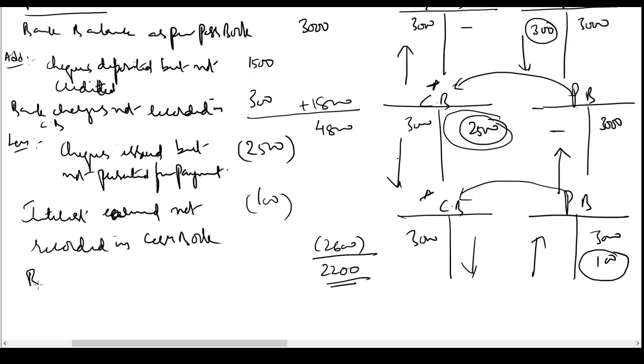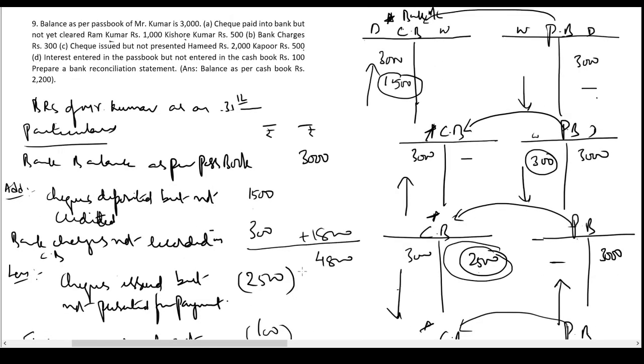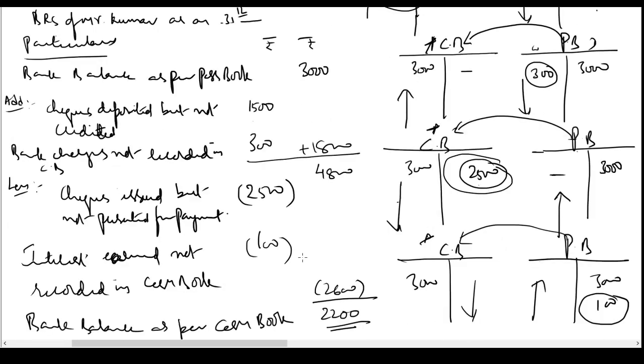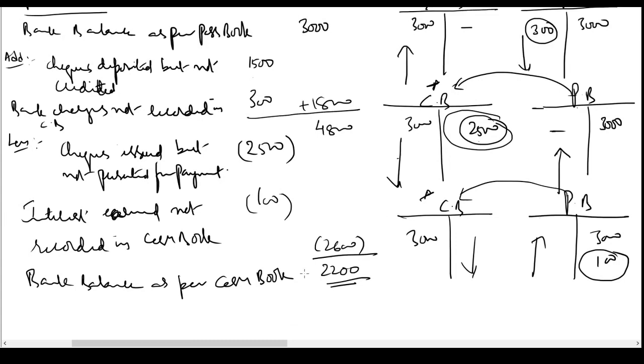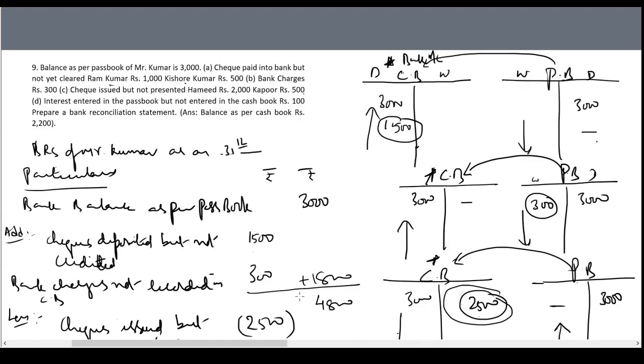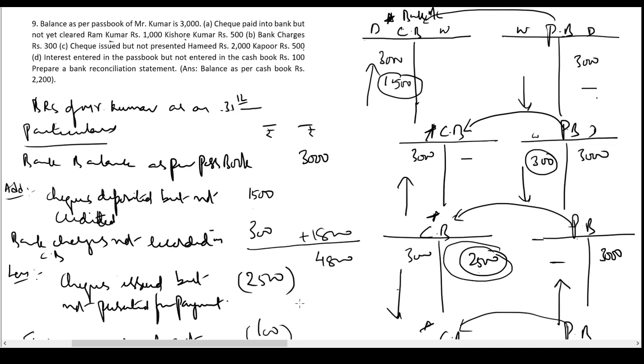So we have bank balance as per cash book, 2200. So the bank balance as per cash book is 2200. So we have been able to arrive at the cash book balance when we started with the passbook balance in this problem as well. I hope you are able to now do the bank reconciliation statement problems with ease. We'll do more problems in our future videos.